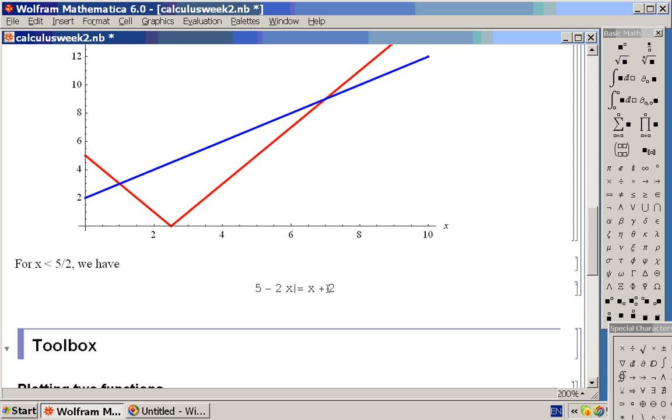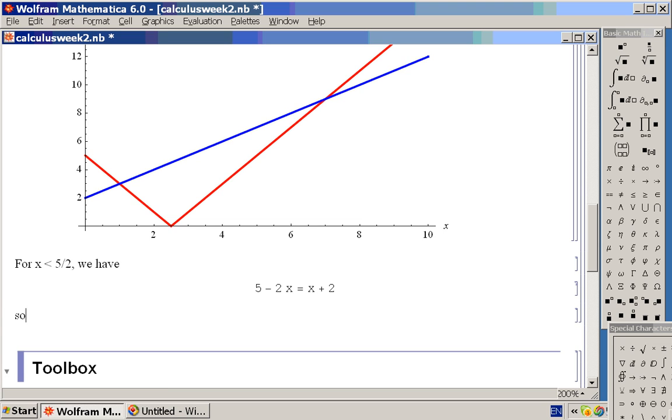So we move things around, and if we move the 2x over to this side, we'll get 3x, and if we move the 2 over to that side, we'll get 5 minus 2 is 3, so 3x equals 3, so x equals 1.